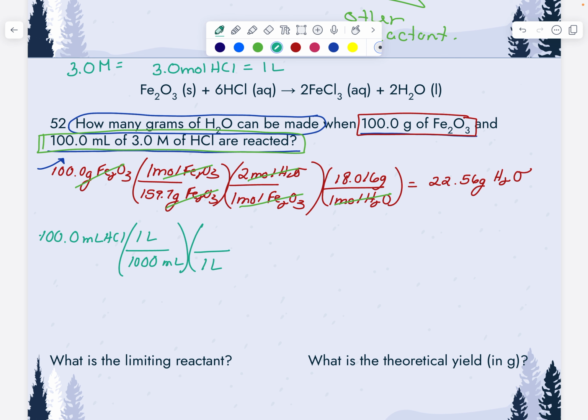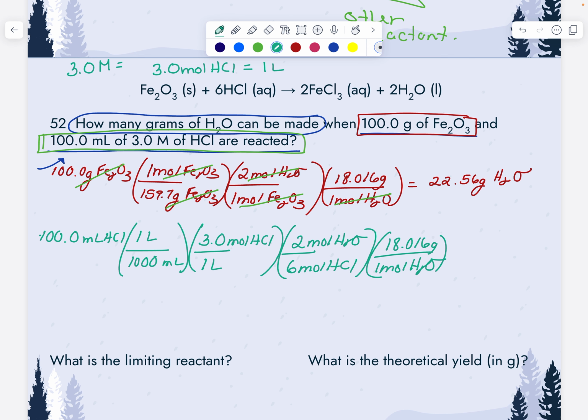Then 1 liter of solution, 3.0 moles of HCl. According to the balanced chemical equation, 6 moles of HCl will be required to make 2 moles of water. And 1 mole of water has a molar mass of 18.016 grams. I put that into my calculator and I get 1.802 grams of water.